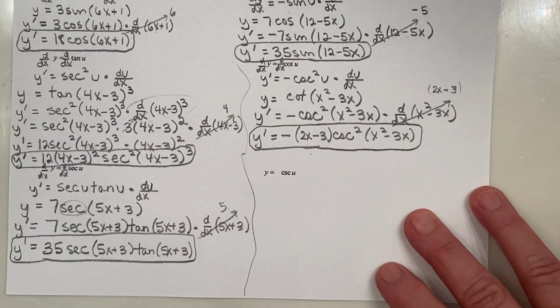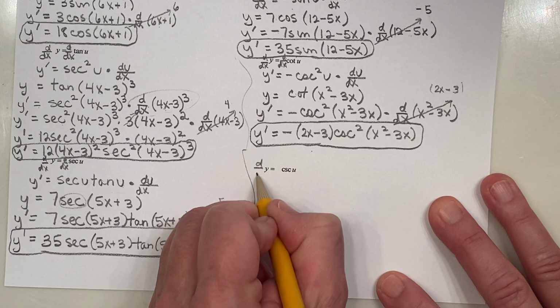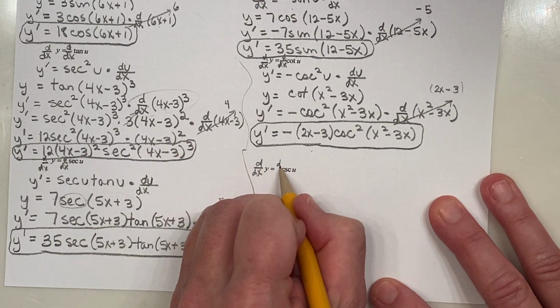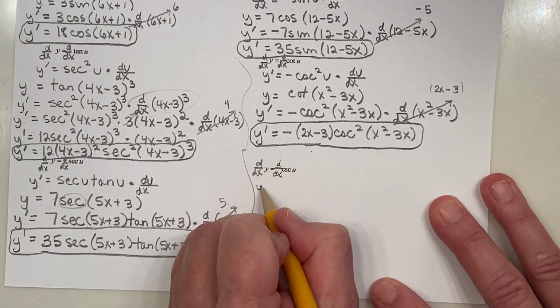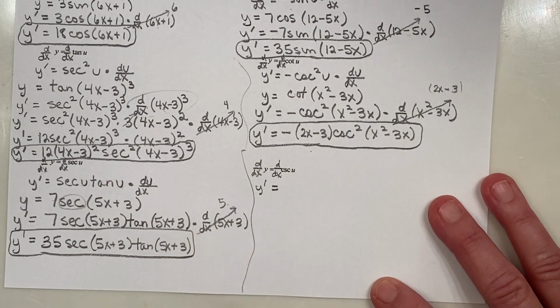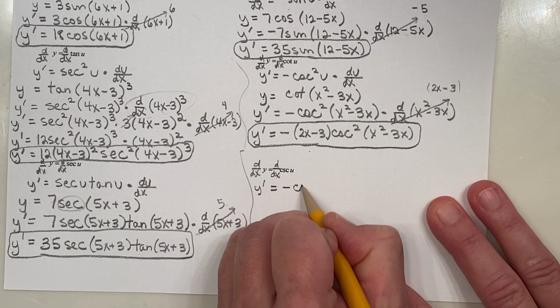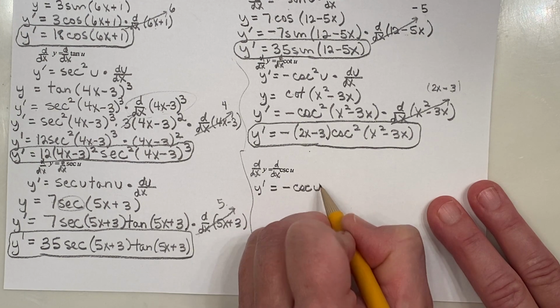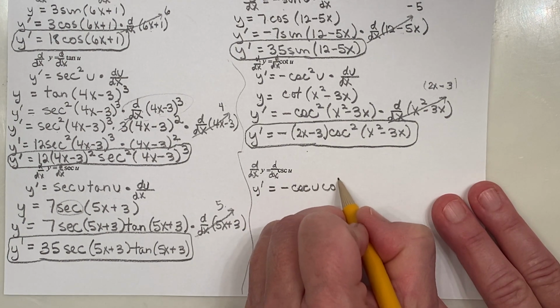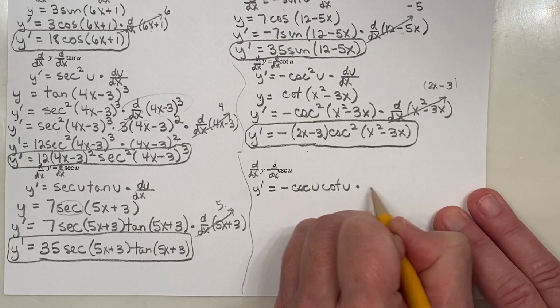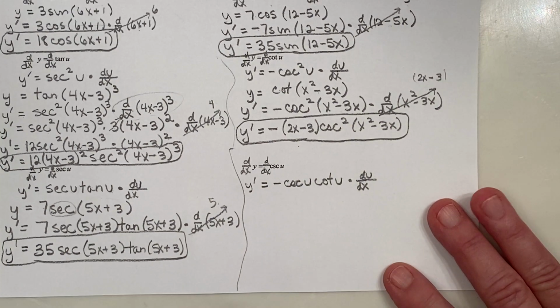Okay, and the last one. All right, cosecant of x's derivative was negative cosecant x, but we'll use u, times cotangent of u times the derivative with respect to x of whatever that inside function is.